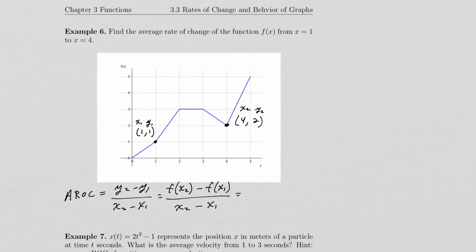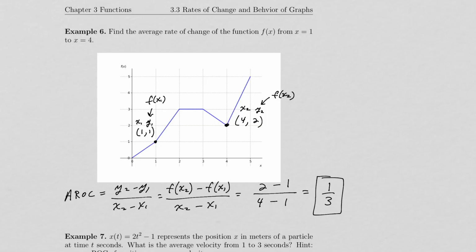So in this case, again, this y2 is the same as f of x2. And the y1 here is the same as f of x1. So this would be, I guess, f of x2 is 2 minus f of x1 is 1 over x2 is 4 minus x1 is 1. So it looks like it's going to be 1/3.